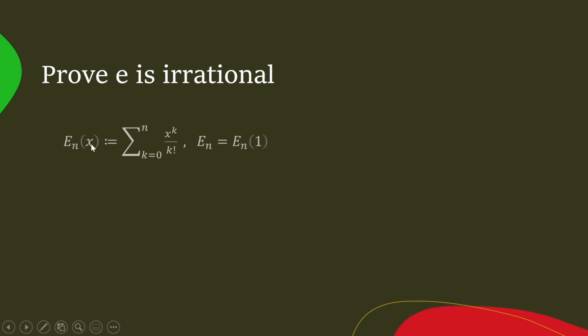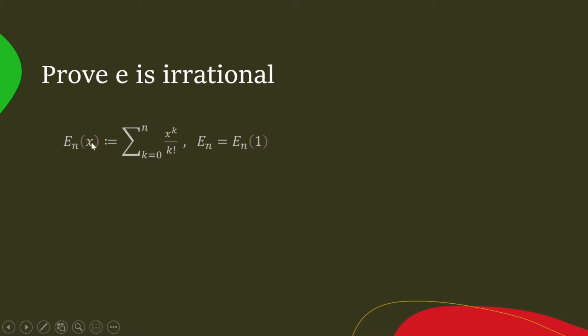So e sub n of x is going to be the partial sums for the Taylor series of the exponential function. The n here is indicating the nth partial sum. So we have the sum k equals 0 to n of x to the k over k factorial. In other words, if we took the infinite sum here, that would be the exponential function, but we're just truncating the sum, stopping at the nth term.